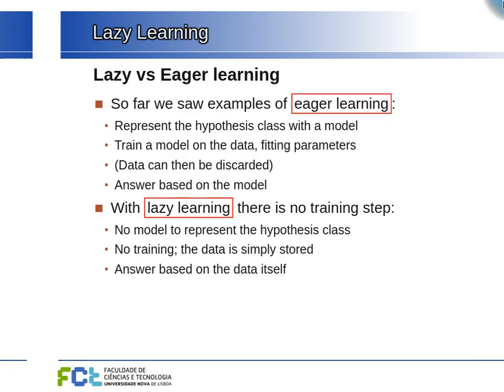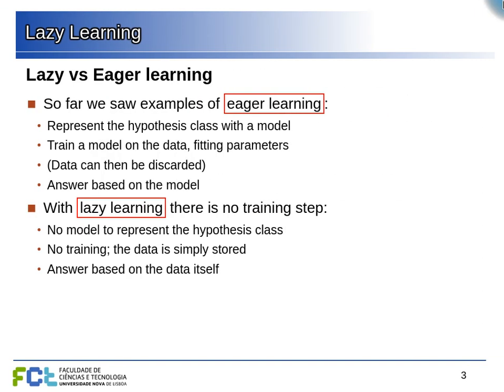So the basic idea: so far we saw in the polynomial regression and logistic regression, we have a hypothesis space, we have a model that describes the hypothesis space with some parameters. We train the model by adjusting the parameters, and after training we can throw away our training data because now we have the trained model, and that's all that we need.